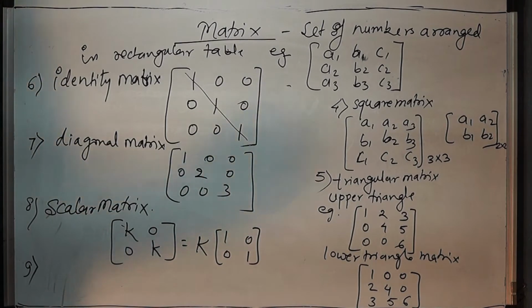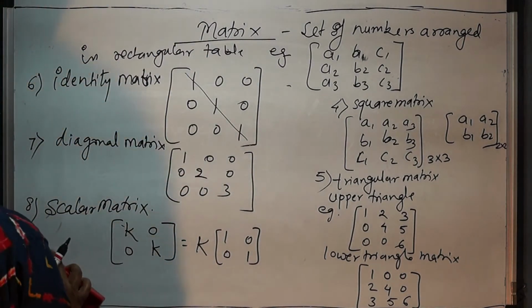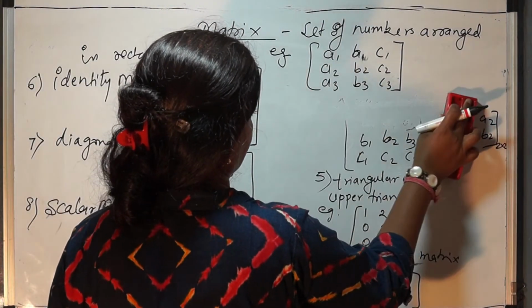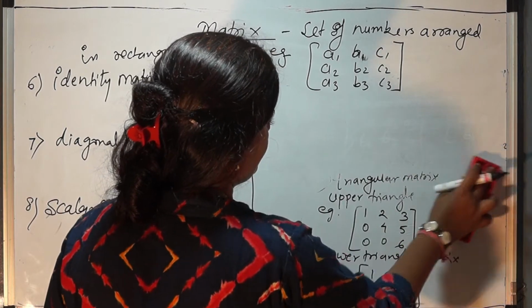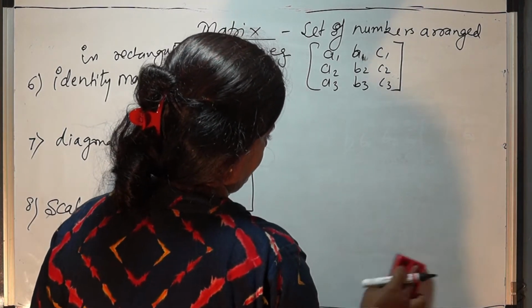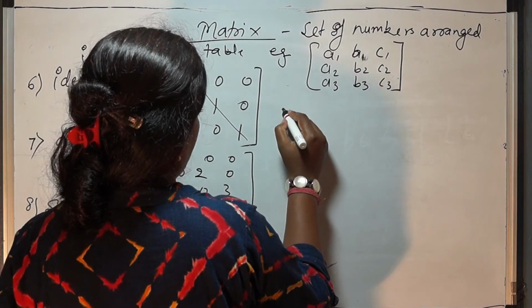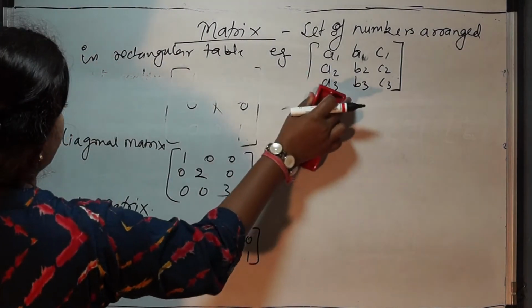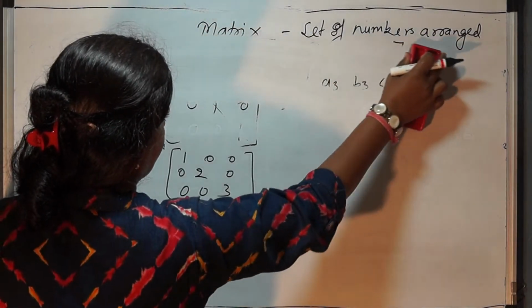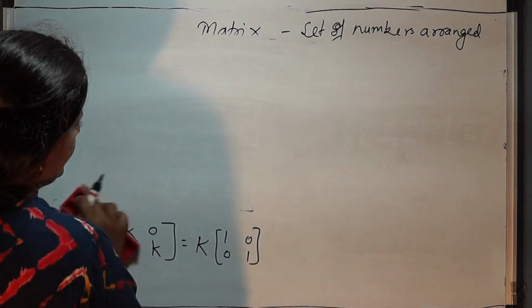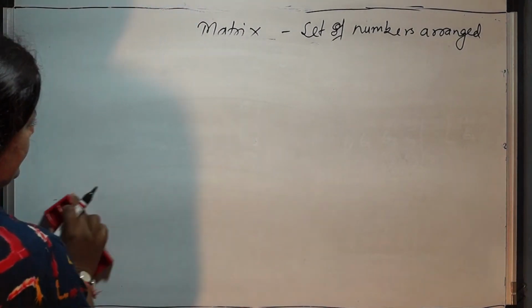Next one is symmetric matrix. For symmetric matrix, you need to see the concept. When can we say that the matrix is symmetric?